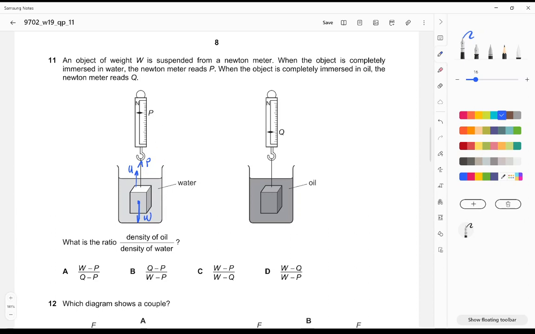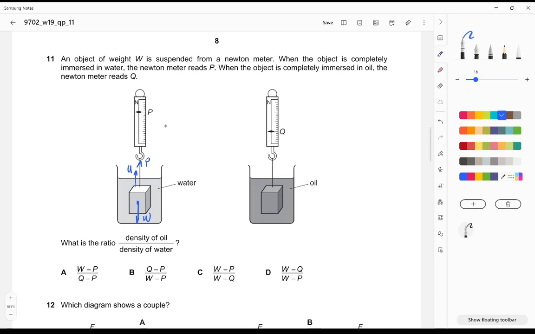So the equation is U plus P is equal to W for the first case. And let's do the same thing over here: U plus Q is equal to W.